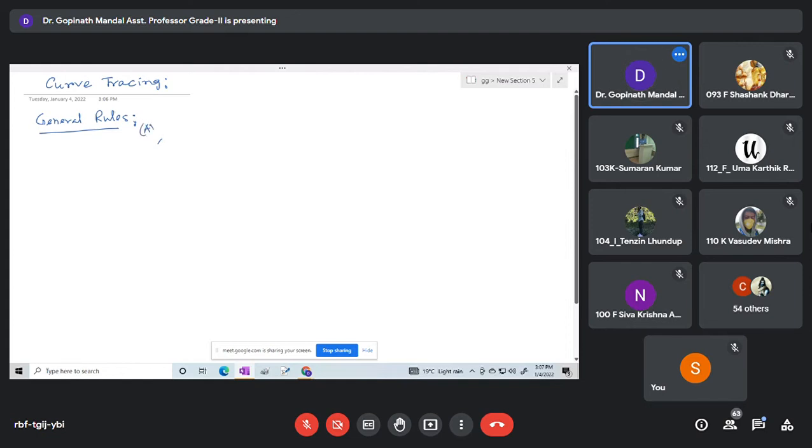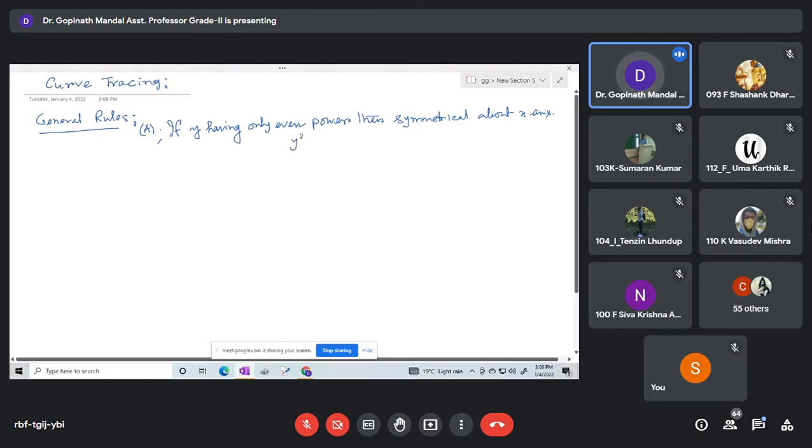Now if a given curve, in the equation, suppose this is a two variable curve, x and y present there, if y having only even power, then the given curve is symmetrical about x axis.